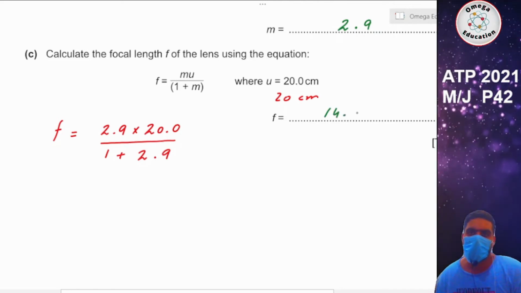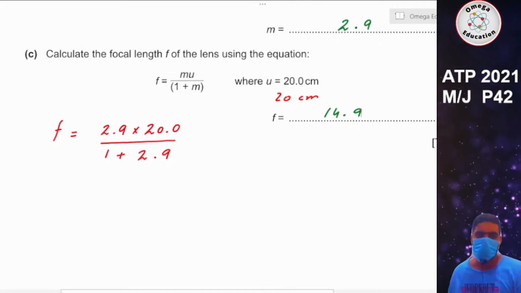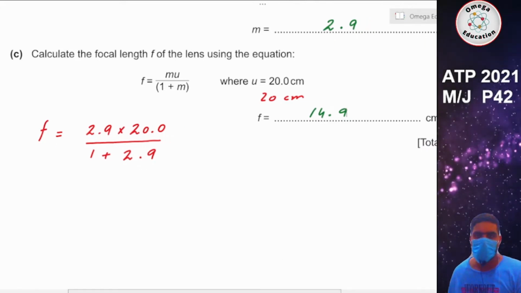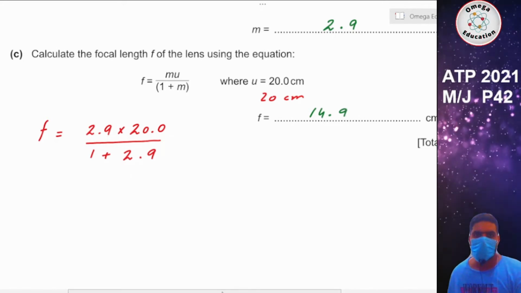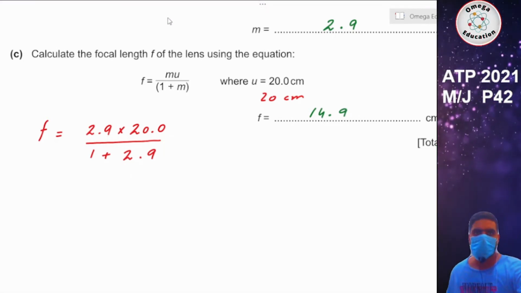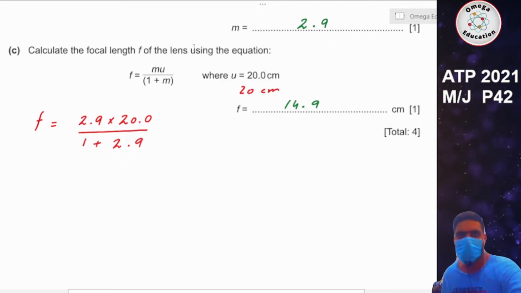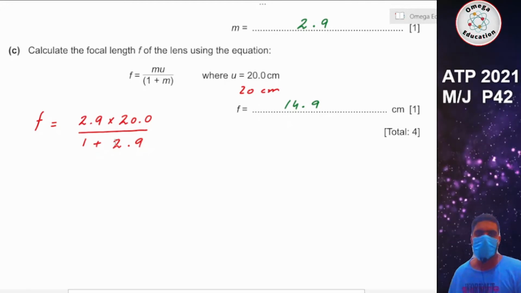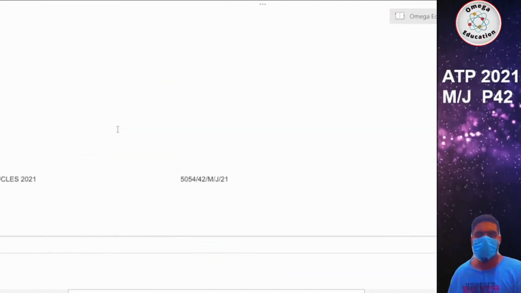So I can write it as 14.9 centimeters to one decimal place. Alright, so this one was a pretty simple one, 4 marks.